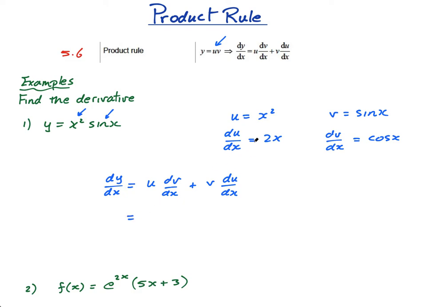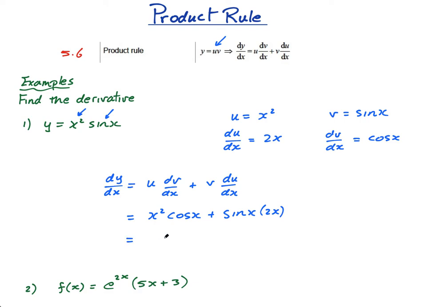What is u? u is x squared. dv dx is cos x, so it's x squared cos x plus what is v? Sine x times du dx, which is 2x.